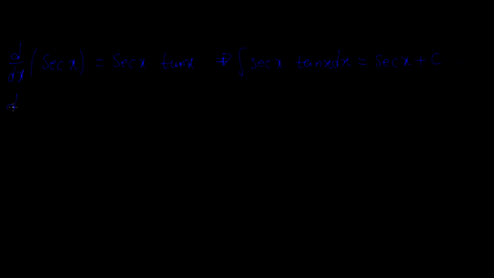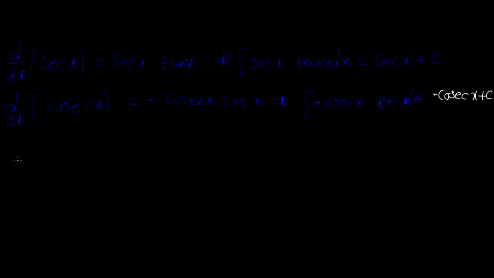And since the derivative of cosec of x is equal to minus cosec of x times cot of x, then the integral of cosec of x times cotangent of x is equal to minus cosec of x plus c.